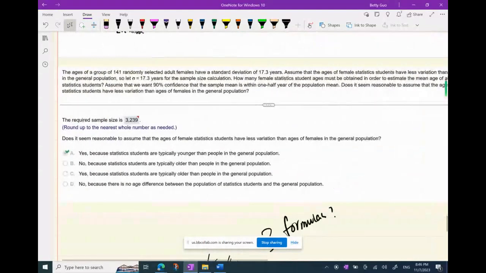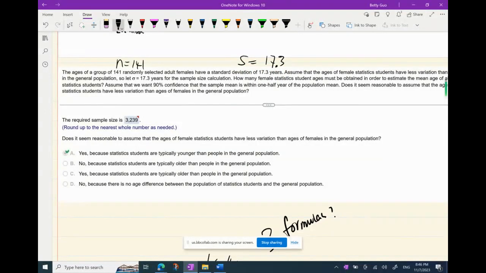The ages of a group of 141 randomly selected adult females have a standard deviation. So this is a sample size, sample standard deviation, 17.3.